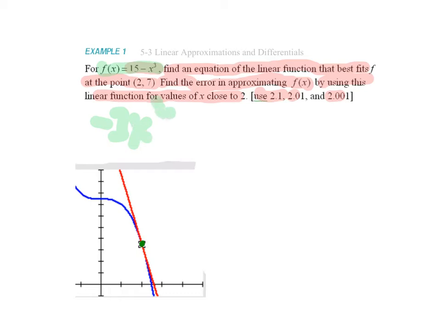Then we plug in this point to get f prime of 2, and then 7. Then we're going to make a line out of it and all that good stuff. So let's see what that's going to look like.